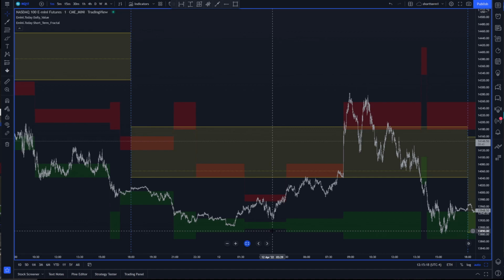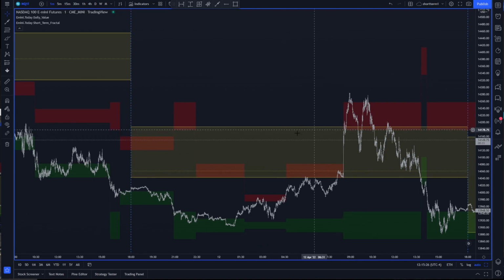So once you see that the red fractal for shorts is inside of the value or even outside of it, and the present fractal that you want to trade off is larger than the previous one, which means that the volatility is expanding and the mean reversion is more likely, you want to trade it.